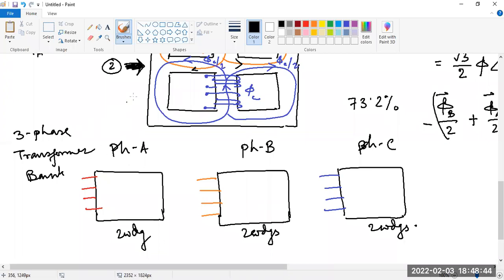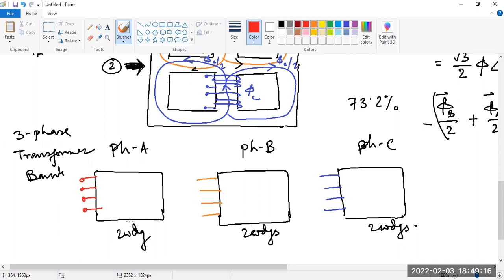So that I have drawn. 4 terminals I have drawn for a single phase transformer, and I have taken similar 3 single phase transformers. So that means from 3 similar single phase transformers, how many terminals you will get? 12. 12 terminals you will get. How many windings you will get? 6.